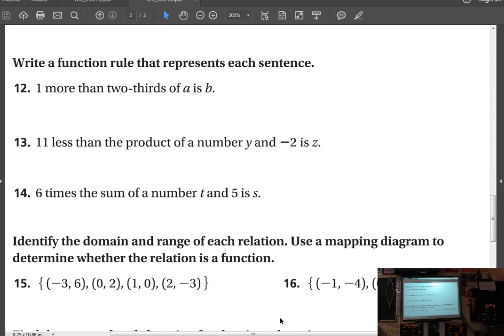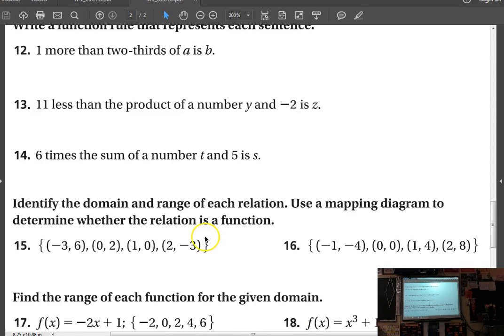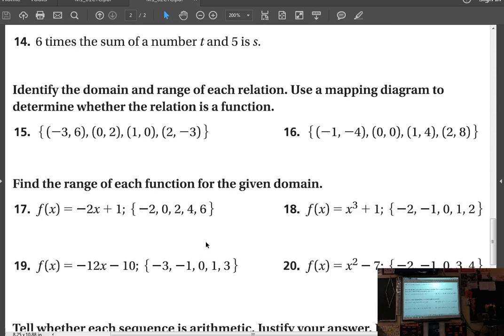I can't quite read this. N-A-D-I. Oh, that's a dot. Okay. I just couldn't tell if that was like a letter or. Nothing 13, 14? Or 12, 13, 14? 15, 16. Oh, some mapping diagrams.